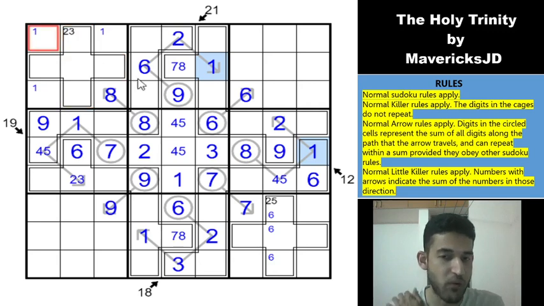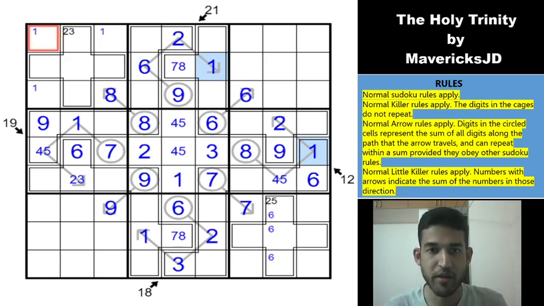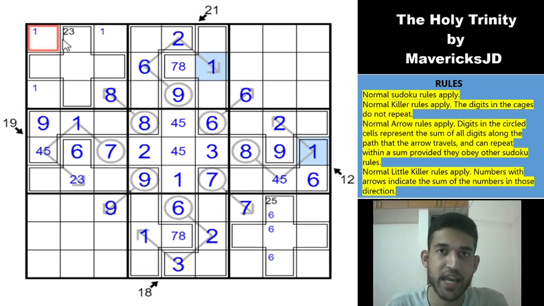So we know that in any row, column or a box, the sum of digits will always be 1 to 9, which is equal to 45. So I have 23 from 5 cells here, which means that these 4 cells will sum up to 22, out of which we have 2 digits 8 and 1, which sum up to 9. So the remaining 2 digits must sum up to 13, which can either be 4 plus 9 or 6 plus 7.